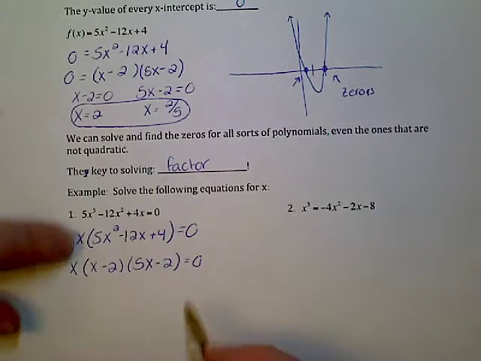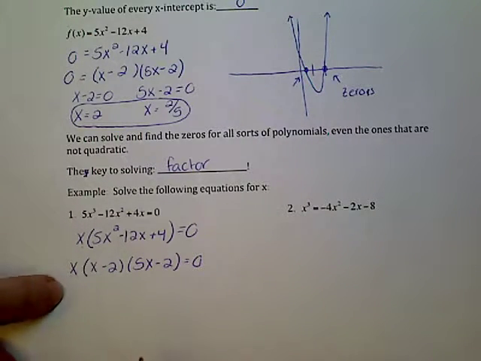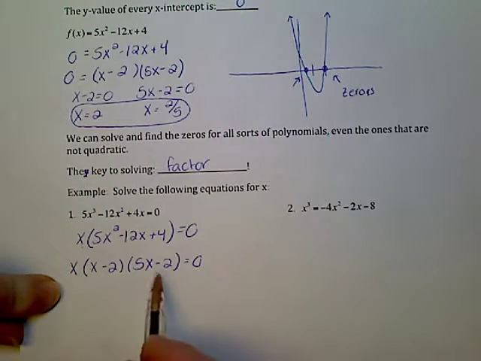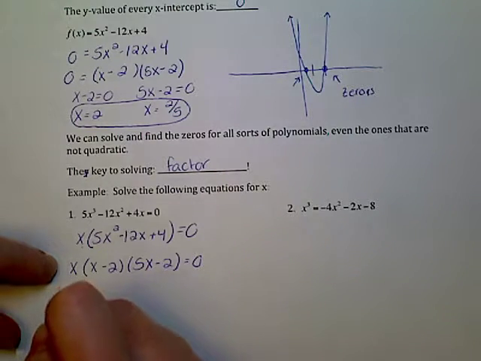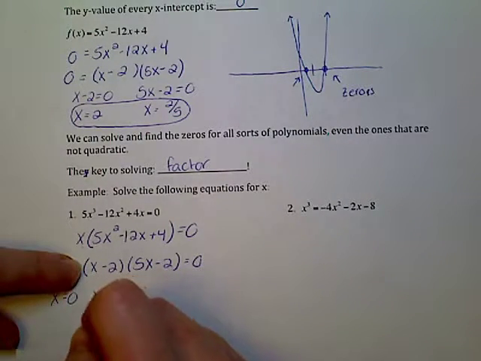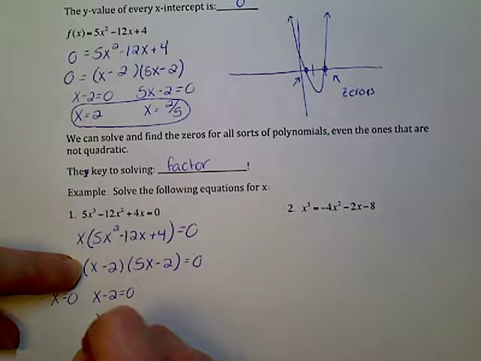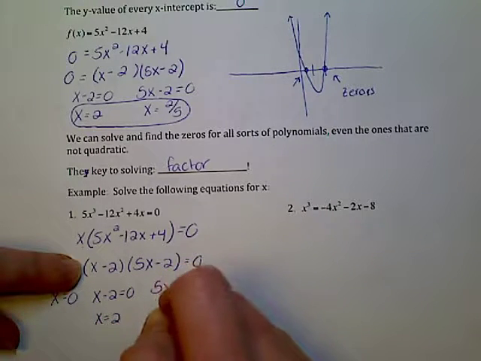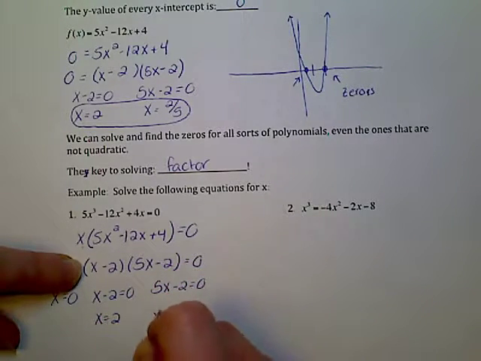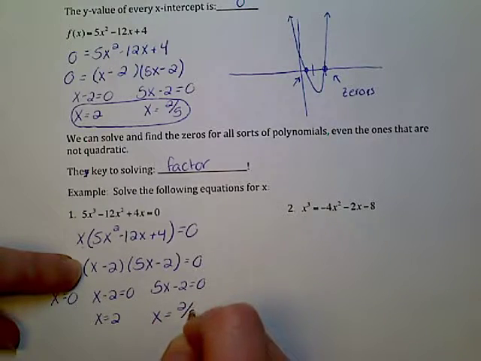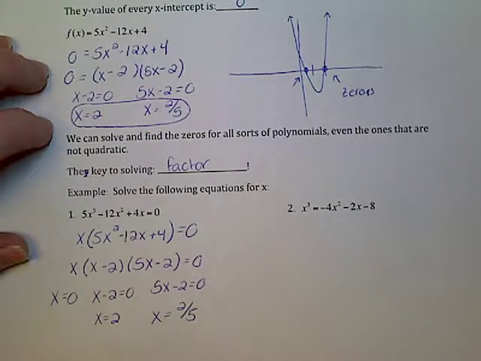And just like before, how we took these two factors and set them equal to 0, now you take every single factor and set it equal to 0. So x equals 0, x equals 2, and x equals 2/5.